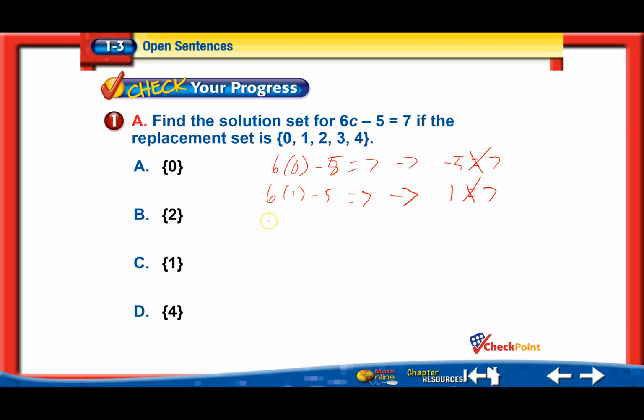Nope. So this would be 6 times 2 minus 5 equals 7. That would go to 12 minus 5. 7 equals 7. Check. Then 6 times 3, 18 minus 5 would be 13, which does not equal 7. I've also got a pattern here, so the rest are not equal to 7. So the only answer is going to be 2.